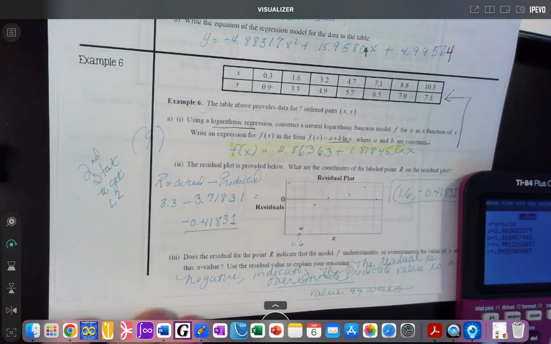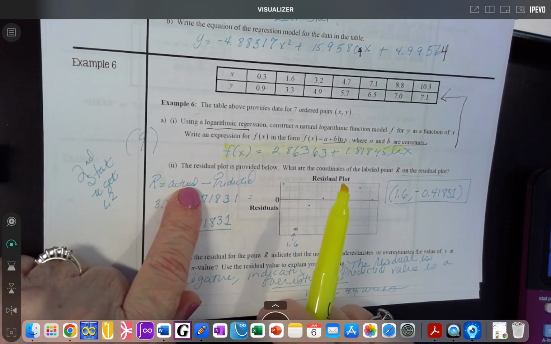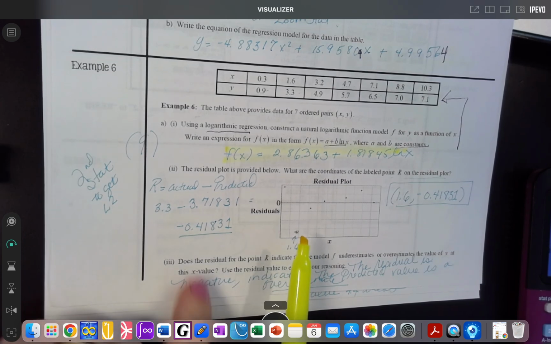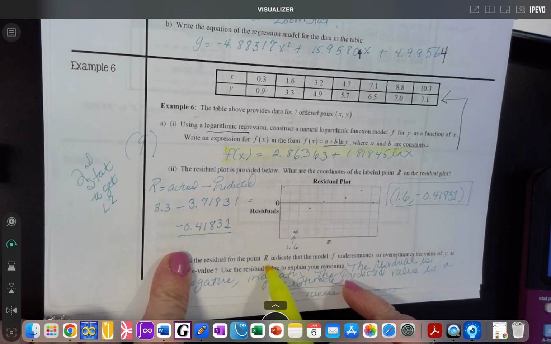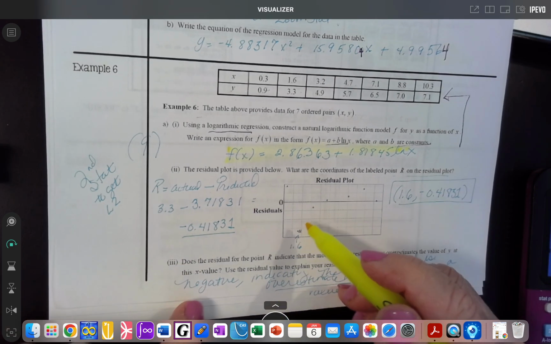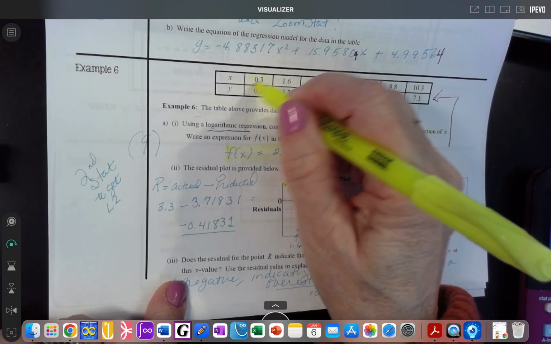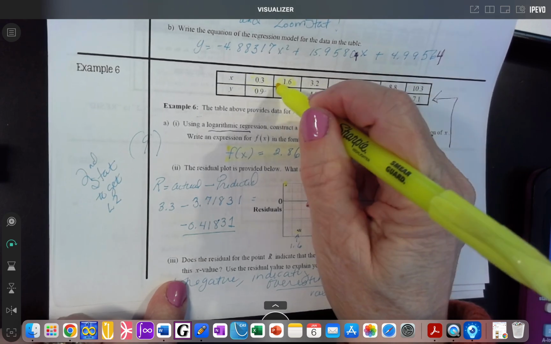Okay, now it says in part 2, the residual plot is provided. What are the coordinates of the labeled r on the residual plot? If you look at 1.6, they're giving you the first one, that would be the 0.31. And so this r is the second one, which would be your 1.6.